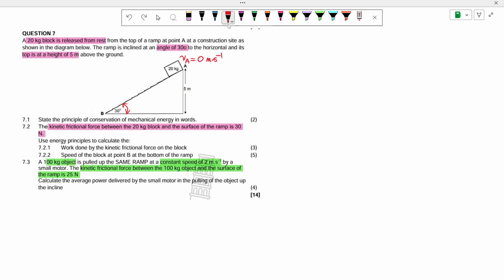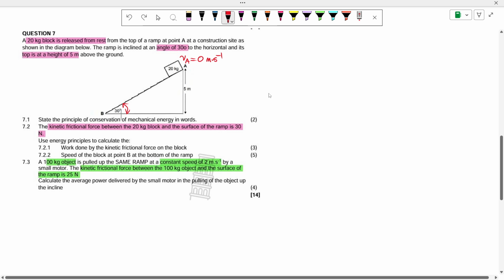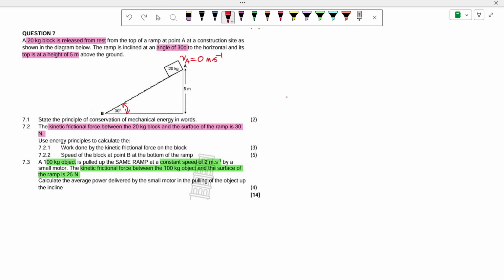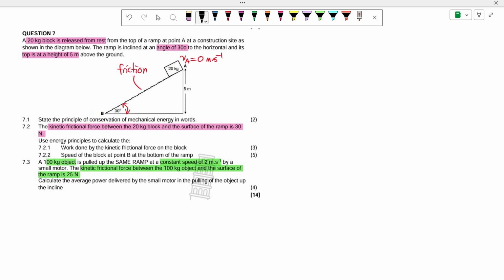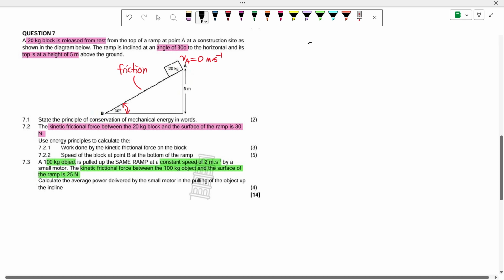All right. 7.2, the kinetic frictional force between 20 kg and the surface of the ramp is 30 Newton. Now they do tell us that there is friction. So once again, whenever you see a work, energy and power question with friction, you should remember that if it's on a ramp, I'll suggest that you use work done by non-conservative forces.